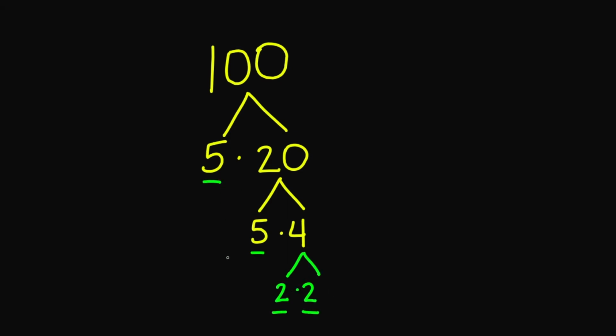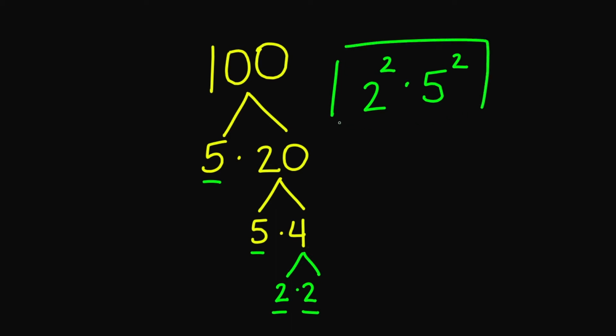So now I am left with all prime numbers. I can no longer factor. So my prime power factorization is going to be 2 to the 2nd power, since I have 2 2's, times 5 to the 2nd power, since I have 2 5's. And this is your final answer.